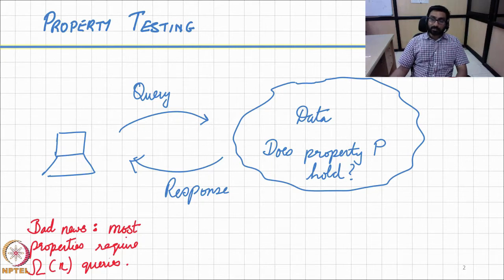Rather, the data is available only through some interface, and we can access the data only via queries and get the response to these queries and then perform the computation based on just our knowledge of the data through these queries and responses.